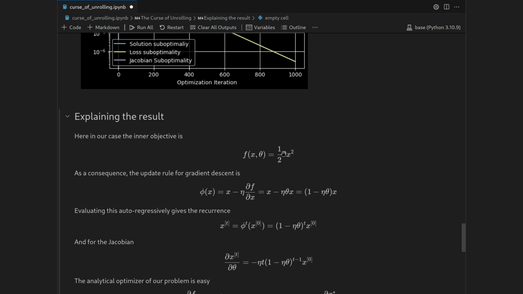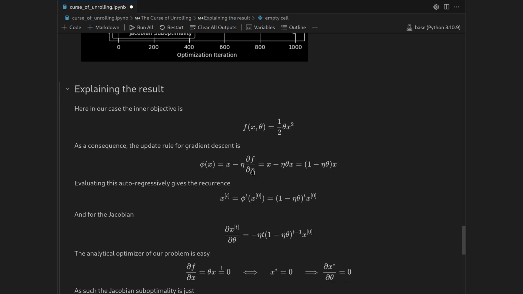We can derive the gradient analytically. So if you take the derivative of this function with respect to x, you get theta x. So we have x minus eta theta x. Then we can bracket and get 1 minus theta eta in brackets times x. And this is an iterator that we can apply autoregressively or repeatedly.